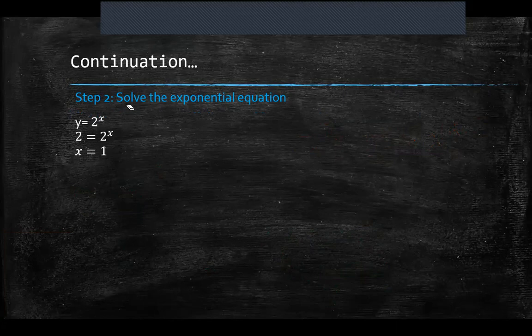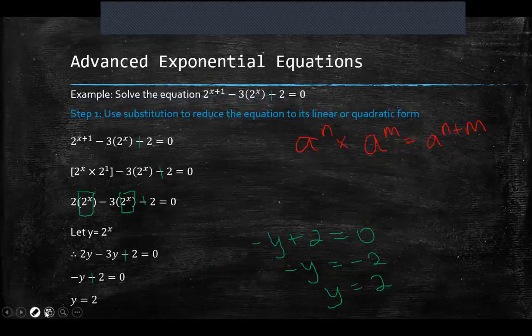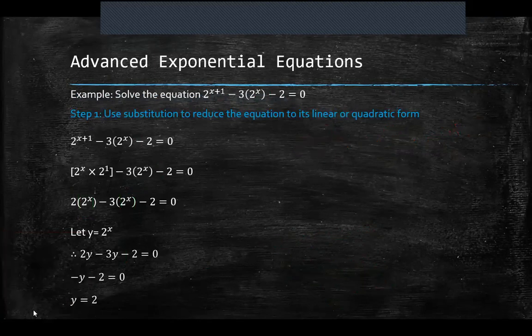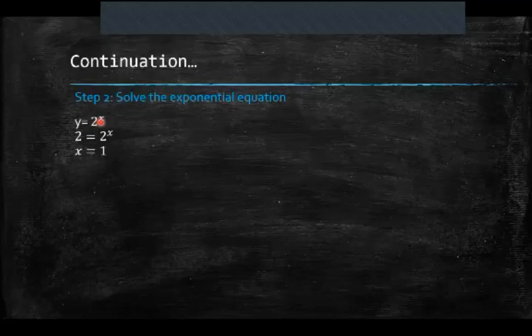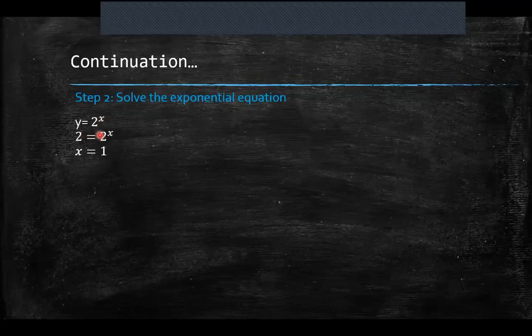So step 2 is to solve the exponential equation. So now that we know, remember we said, hold on, let me just erase all this. Remember we said that we're going to let y equal to 2 to the power of x. So now that we know that the value of y is 2, I could say, okay, since y is equal to 2 to the power of x, and my value of y is 2, I could rewrite this as 2 is equal to 2 to the power of x, right?